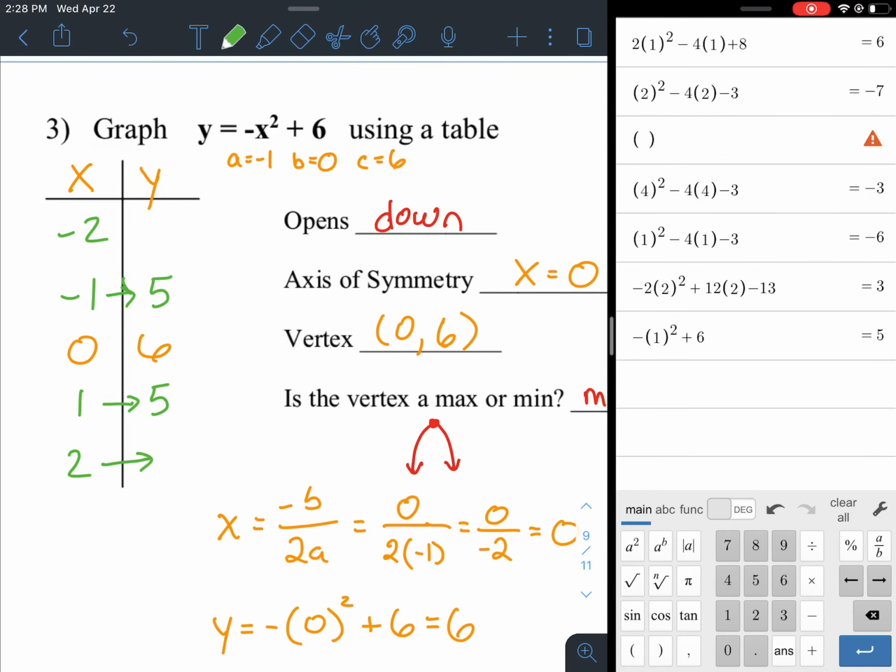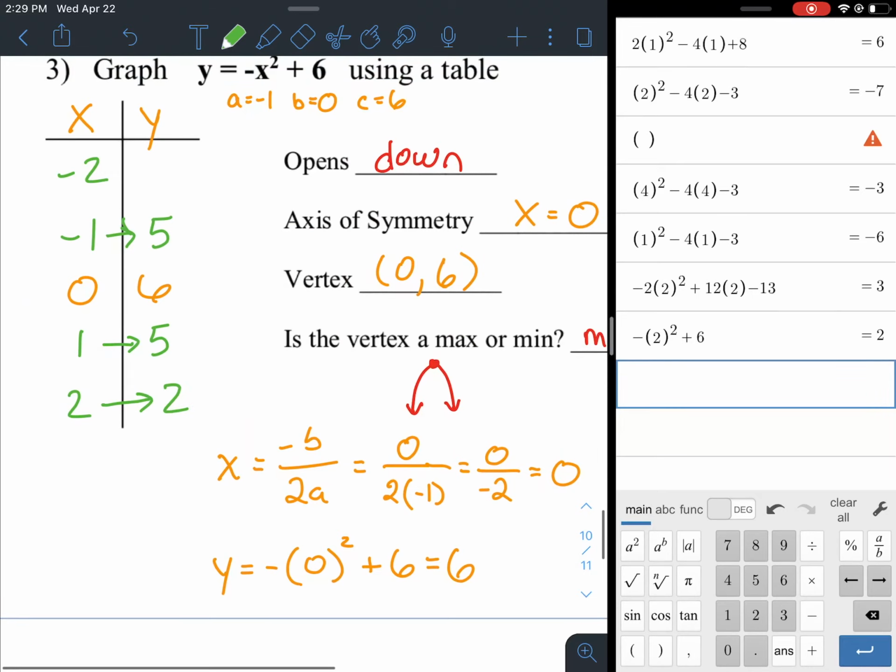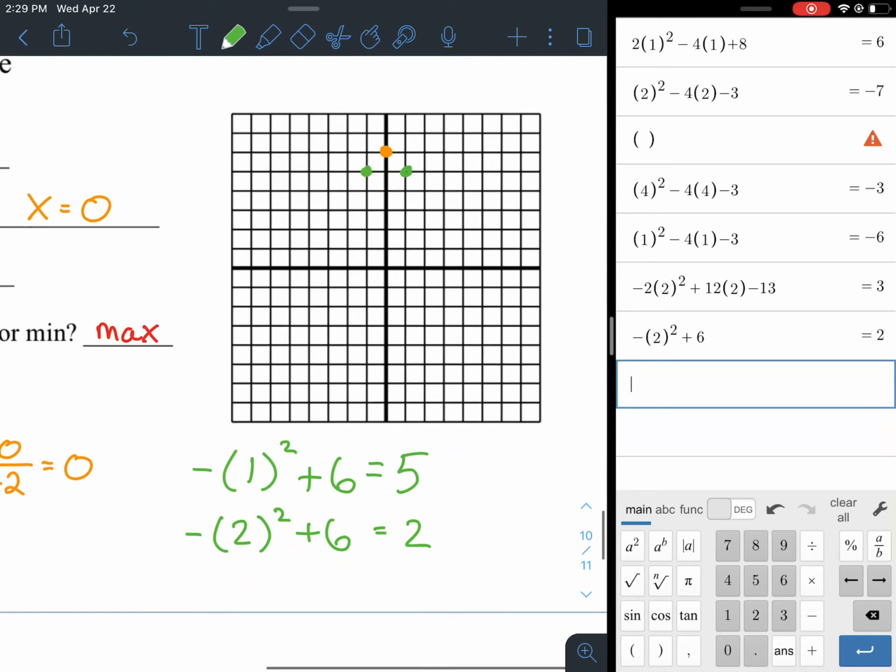And then lastly, what about 2? Where does 2 bring us? I'll replace that 1 with a 2, and I can see that when we plug 2 into the equation, the final answer is also 2. So negative, parenthesis, 2 squared plus 6 is 2. So that means 2 gives us 2, negative 2 also gives us 2.